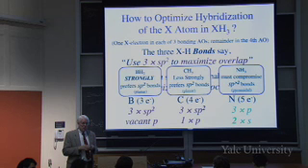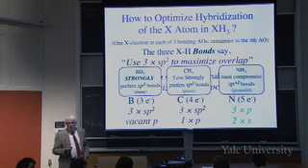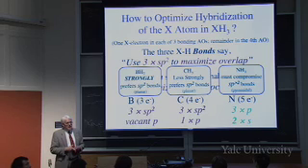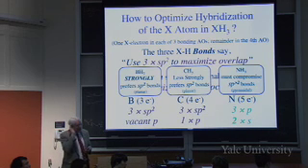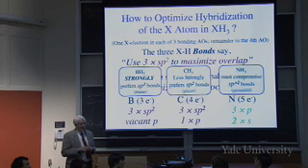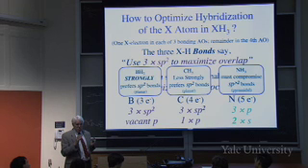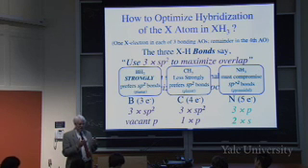Okay, Kevin, did you have a question, or did that answer it? Is there such a thing as an sp3 orbital? Yeah, what does sp3 mean? It means a hybrid orbital, a mixture of s and p, with 3 times as much p as s.